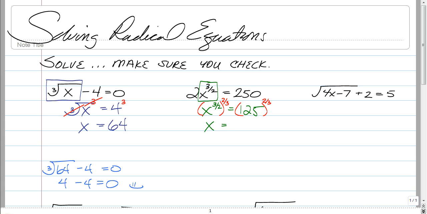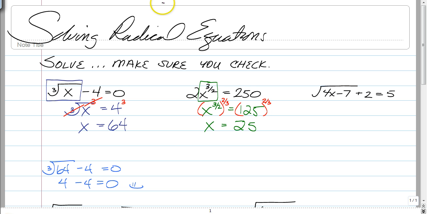Now you can try to do that by hand, or you can just take your calculator and raise 125 to the 2/3 power, and it's going to tell you what the answer is. So use your calculator, and you should end up with 25. That's all you have to do, is use your calculator. But then, of course, you've got to check it.